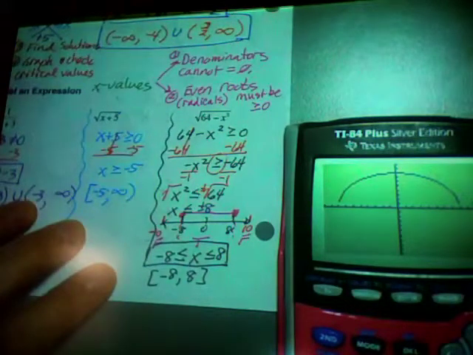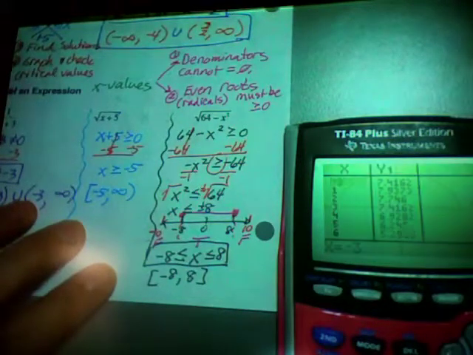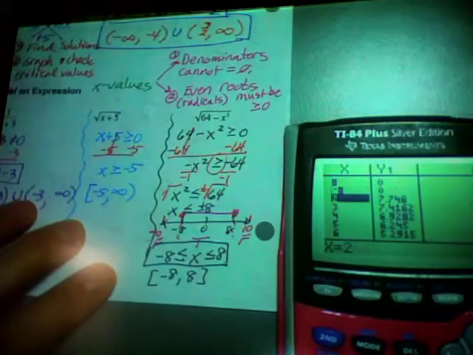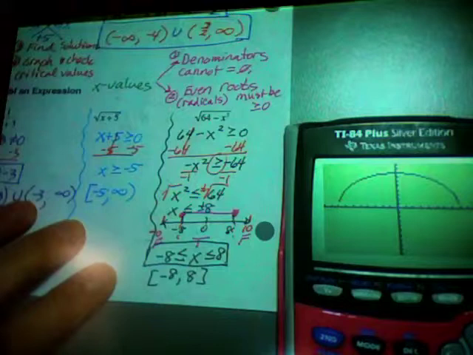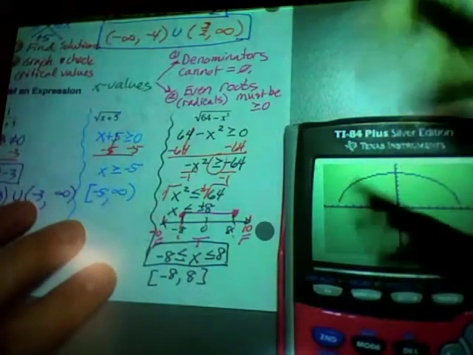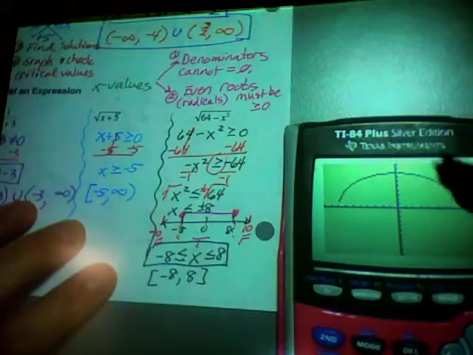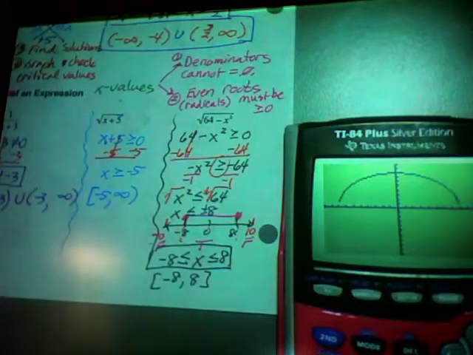I could change the window. I could go to my table. So go to your table, and I'm going to plug in 8 and negative 8. What answers did I get? Doesn't it touch the x-axis there? Sometimes your calculator doesn't show it, so if you're not sure, go to your table and check it. So it does go all the way down here. This is my domain right here, from here to here. It only includes those values, nothing outside of it. So you can physically see the left bound and the right bound parts of your domain. Okay, any questions on that?